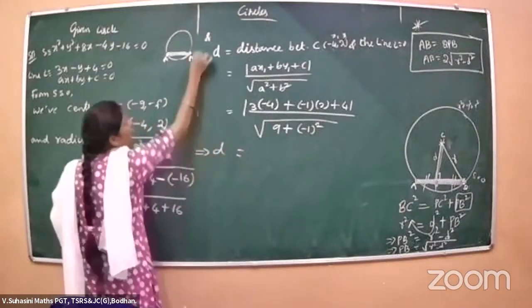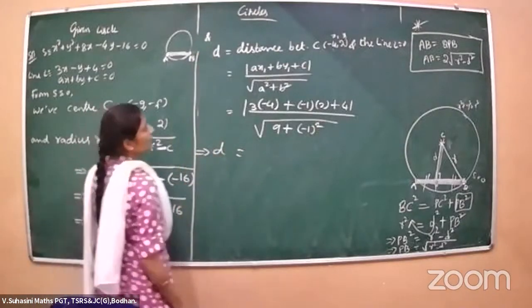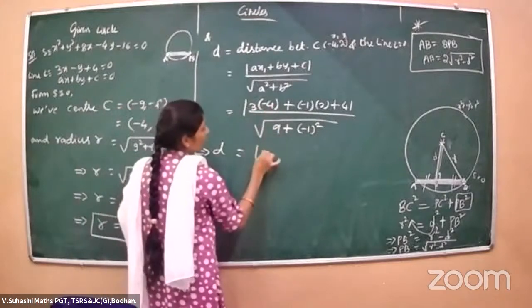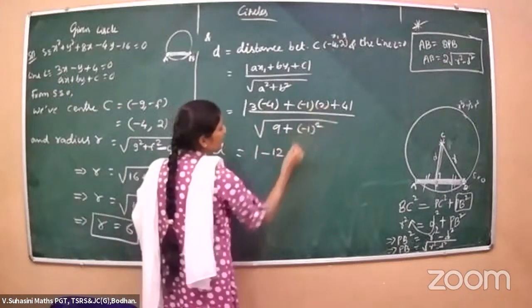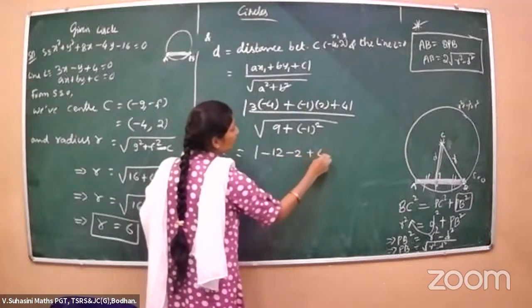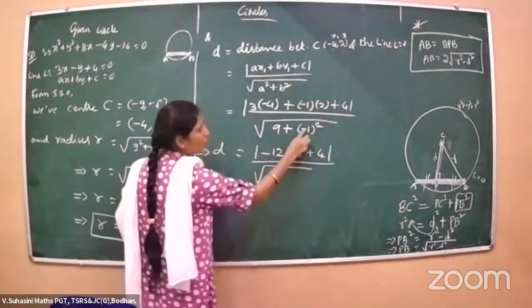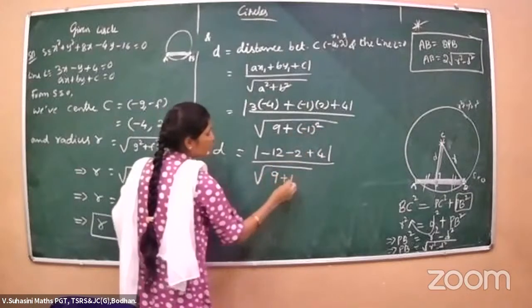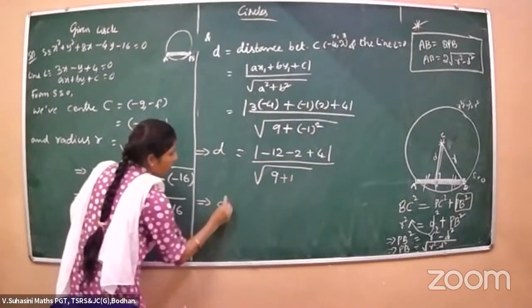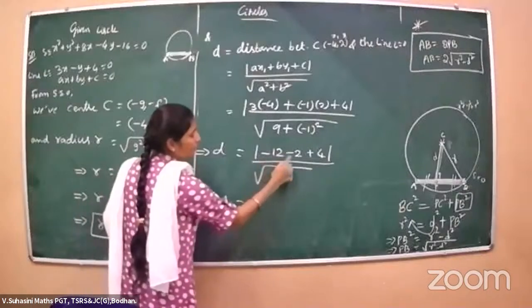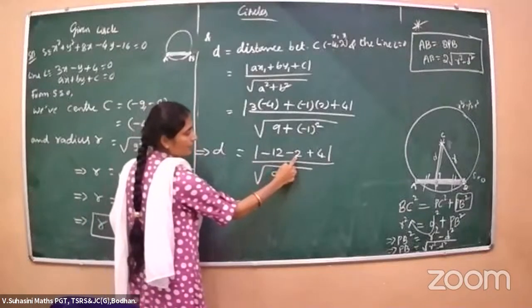Implies d is equal to 3 into minus 4, minus 12, minus 1 into 2, minus 2, plus 4, divided by root of 9, minus 1 square is plus 1, 9 plus 1. Implies d is equal to minus 12 minus 2, minus 14.